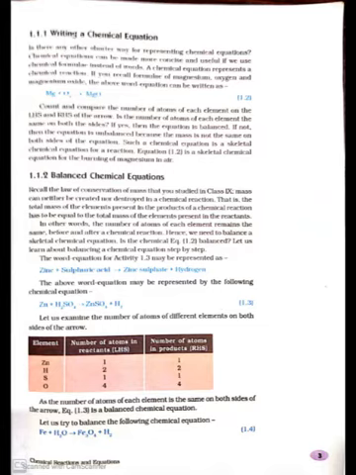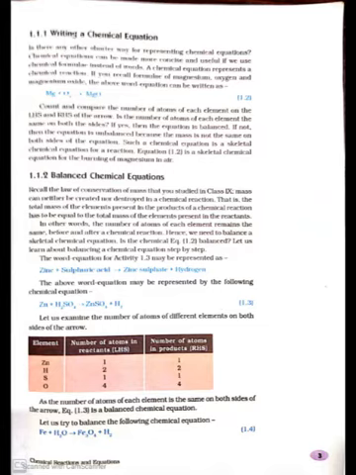Let us examine the number of atoms of different elements on both sides of the arrow by the below table. In one column, elements; second column, number of atoms in reactants; third column, number of atoms in products. For the element zinc, number of atoms in reactant is 1, in product is 1.